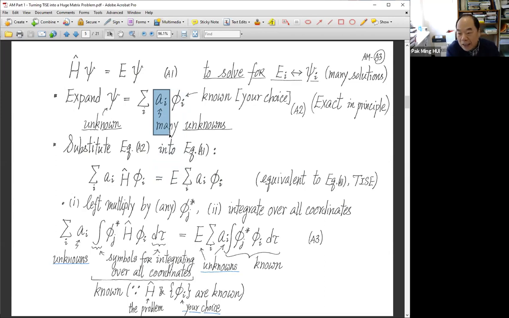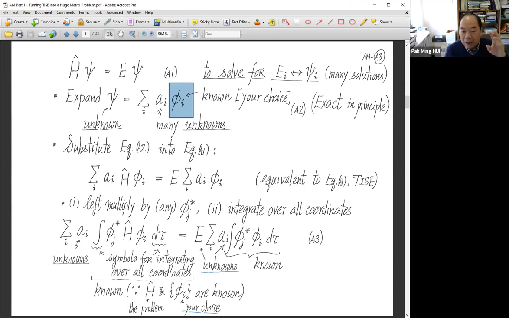Now, suddenly we switch the unknown from the eigenfunction phi to the many unknowns of the coefficients A_i. If we know A_i, we can compose back the wave function. Now this expansion, as long as this so-called basis function is a complete set, then it is exact. All right. In physics, usually we don't worry about proof of completeness. We leave it for the mathematicians.